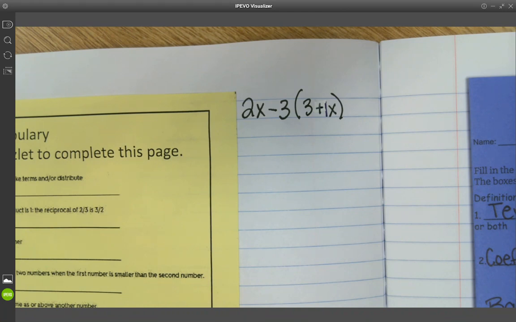Yes. You have to do 2x minus 3x. What's 2 minus 3? This is 1. Okay, you don't need those double negatives.